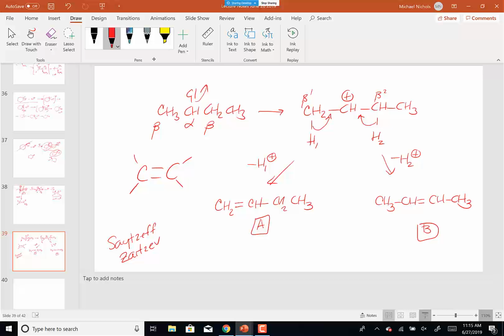Now, for product B, which would look like this, how many alkyl groups are attached to the double bond? 2.